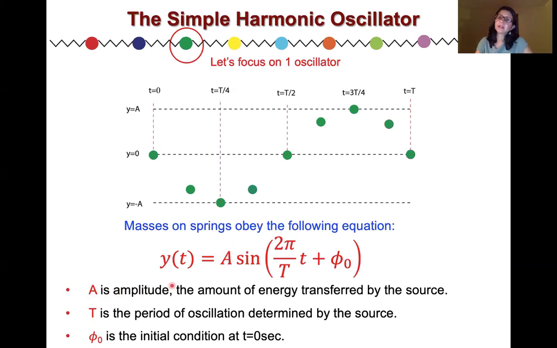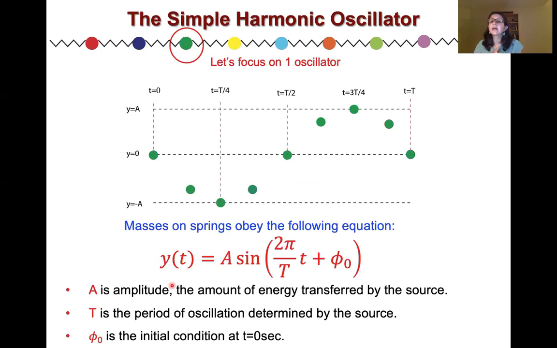So for example, if you're creating a wave on a rope, it's how much you are moving that rope up and down. If you're creating ripples in a pond, it's with what speed you are throwing the rocks into the pond, which will create a larger displacement of the water. Again, amplitude is something that depends on the source of the wave.